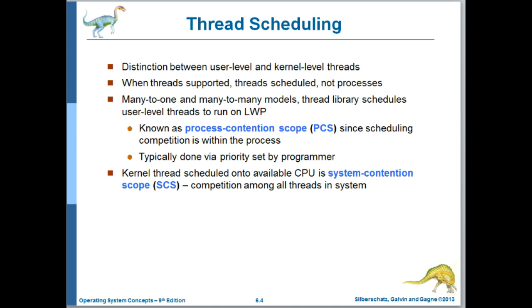So these threads contend for CPU cycles at the process level, so they're not competing directly against other threads, and prioritization is done by the programmer. Kernel threads, because they are scheduled by the kernel, and the kernel has the scope of the entire system, contend at the system level among all the kernel threads.